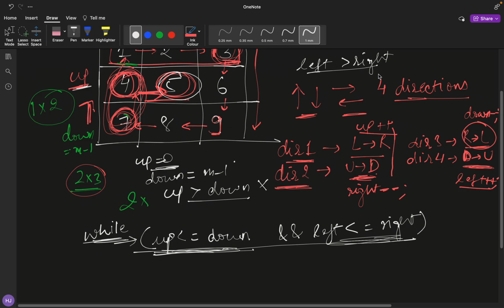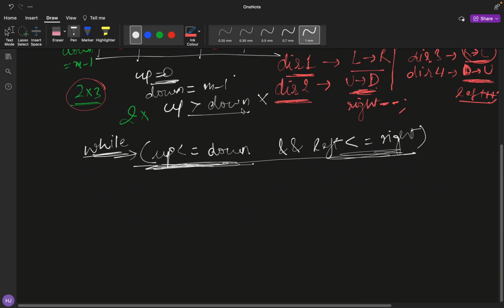So both of these conditions will not occur, so we have to prevent them. We can simply use this condition, that whenever my up is less than equal to down and left is less than equal to right, because in this case the assumption is that we are covering all the unique elements in the spiral. That's what the intuition is.